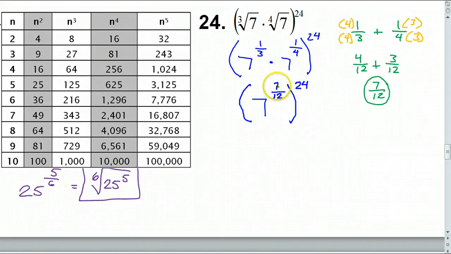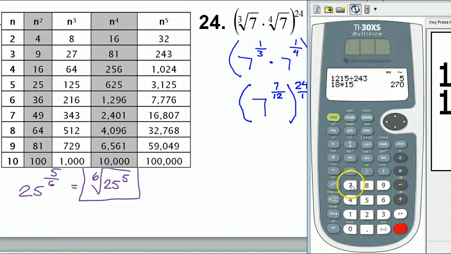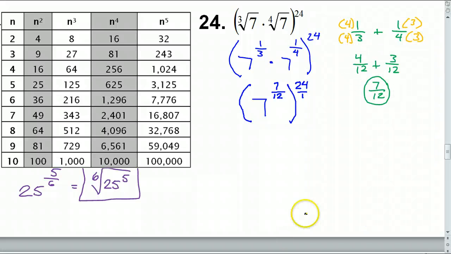Now you guys tend to multiply the 7 times the 24 and get whatever that number is. This is what you guys usually do. You go 7 times 24. Alright, that's 168. So you guys usually go, okay, that would be 7 to the 168 power, and of course 12 times 1 is 12.